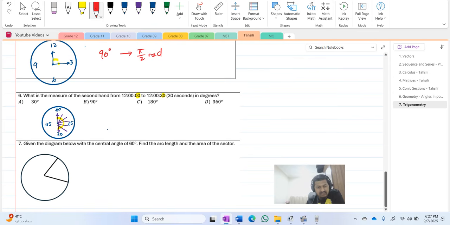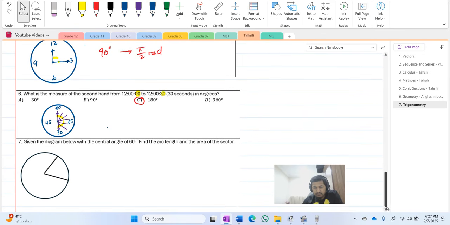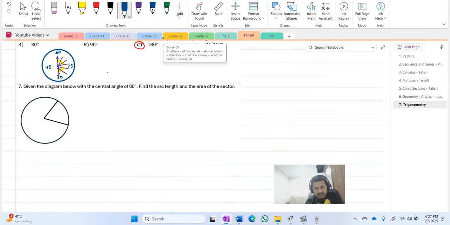There's no radius here, so we're going to make the radius 3. Find the arc length and area of the sector if the radius is 3. Let's solve this. The radius is 3, and the central angle is 60 degrees. I don't want to keep 60 degrees.